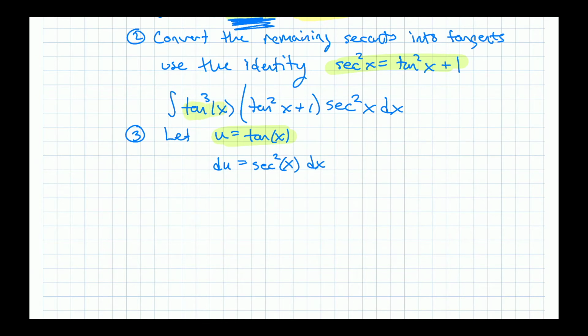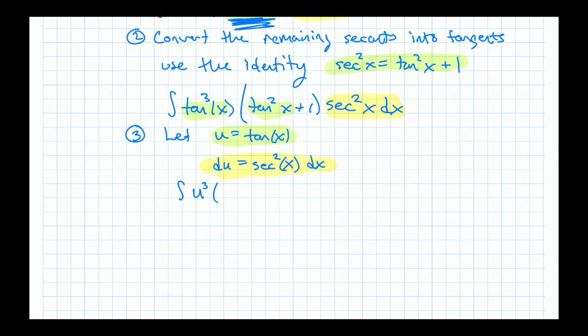So here's a tangent, here's a tangent. And then we've got our du is secant squared x dx, and it's right there. So we're going to make those substitutions. We're going to have the integral, tangent cubed is going to be u cubed.